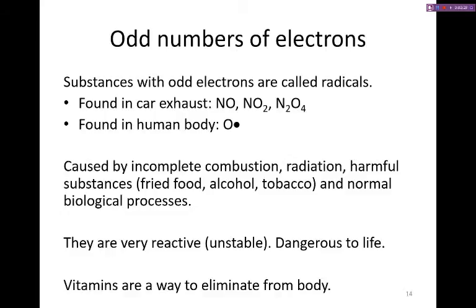Vitamins within the human body are what are called antioxidants, and they help to protect us from radicals, among other things. While they can't prevent all kinds of damage from radicals, this is part of why they're an essential part of our diet.